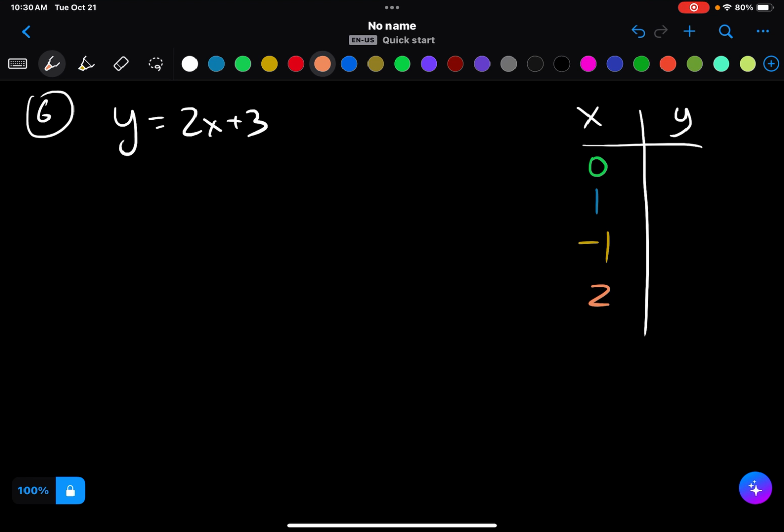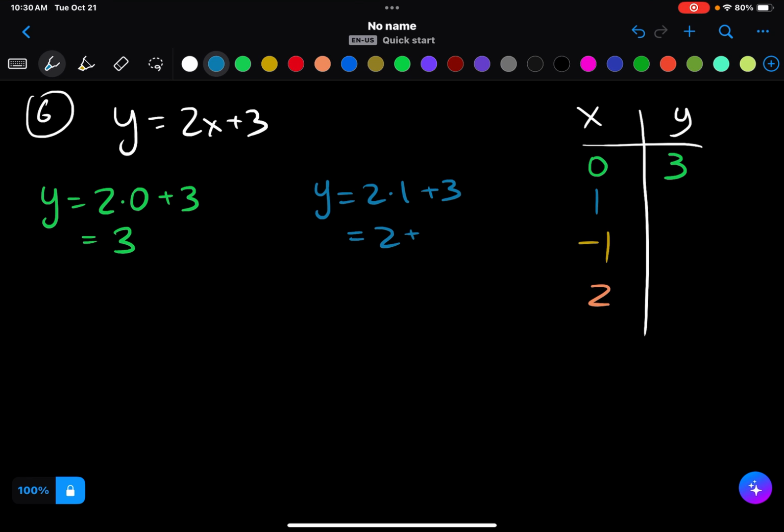So here we go. For the first one, x is 0, so y equals 2 times 0 plus 3, which is just 3. So that's easy. For the next one, when x is 1, y equals 2 times 1 plus 3. So that's just 2 plus 3, which is just 5.